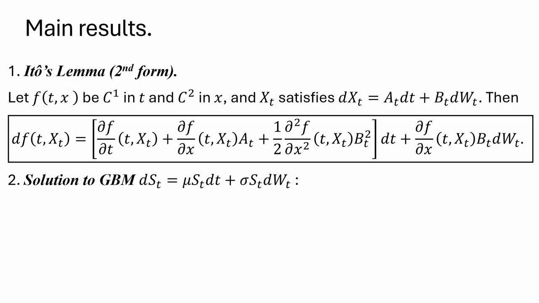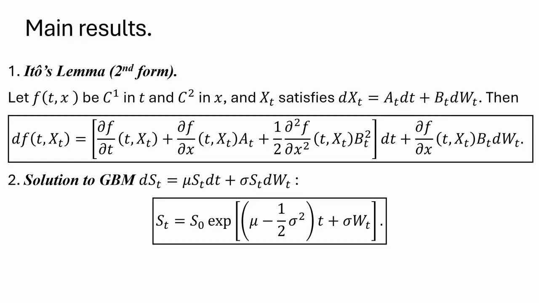The next main result is the solution to the geometric Brownian motion, obtained by applying Itô's lemma. It has the following closed form solution, a rarity among SDEs. The formula reads S_t equals S_0 times the exponential of mu minus half sigma squared, quantity times t plus sigma W_t, quantity. And in particular, the expression minus half sigma squared is called the volatility drag.